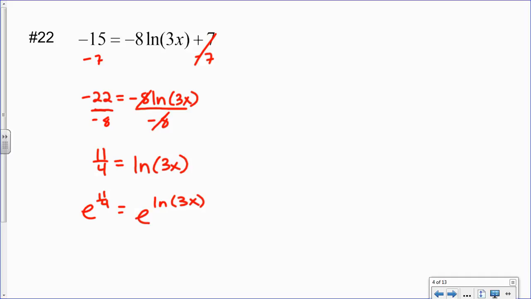Good? So what cancels here, Maya? The right side element. Okay, so e in natural log, good. So I'm keeping this, I'm not rounding yet, I'm keeping that e to the 11/4. And then on the right, I now have 3x.